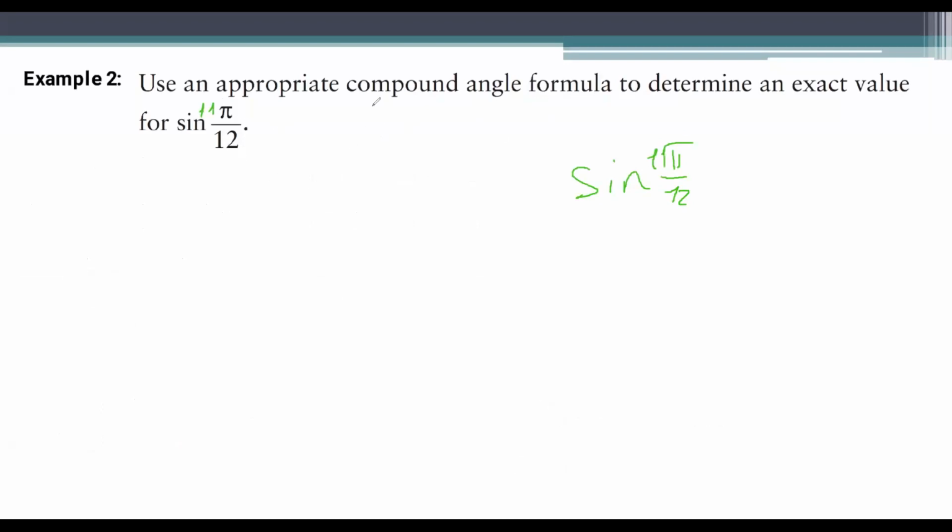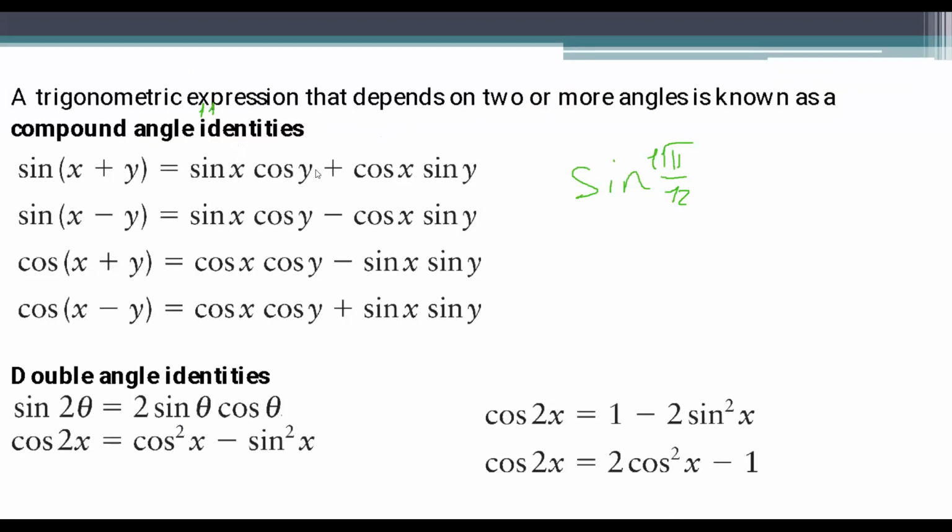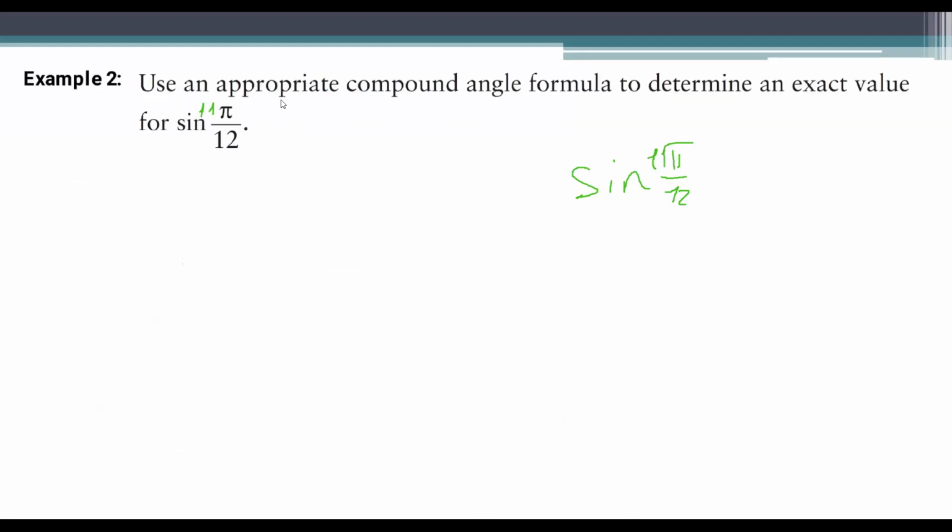So then we need to use appropriate compound angle formula to determine an exact value. We know there are several special angles that we can evaluate, like pi over 4, pi over 2, etc. And now we need to express 11 pi over 12 as a combination of two special angles, right?